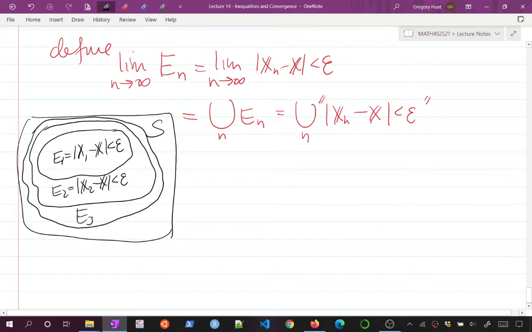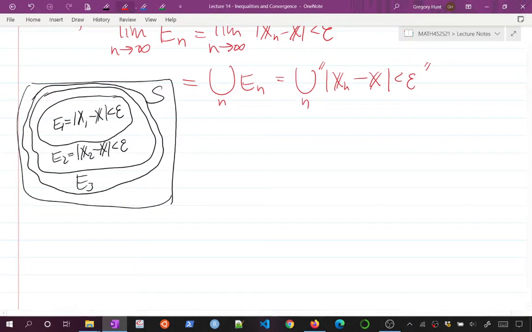Well, if we believe that as we increase n, the x_n's get closer to x, the probability that x_n is close to x, and by close I mean less than some threshold epsilon, should be increasing, right? And so the collection in the sample space should be increasing as we go this way. And so the limit of this is basically the union of all these things.